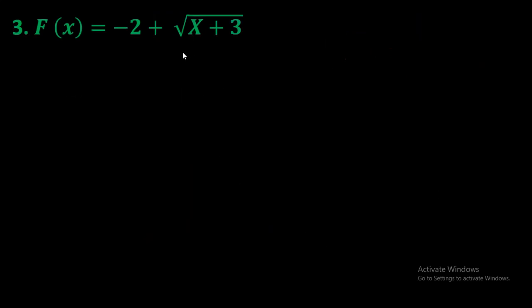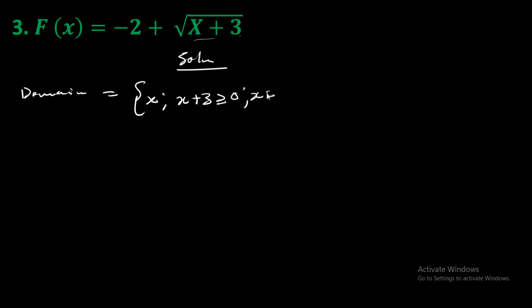For the next one, we have been asked to sketch the graph of this function. The first thing we can look at is the domain. If you check the domain, you are just going to pick what is inside there. Then you say x such that x plus 3 is greater than or equal to 0, such that x is a member of real numbers.